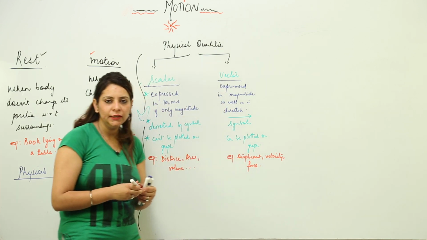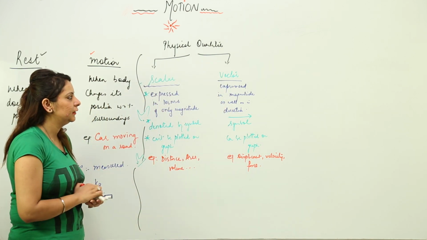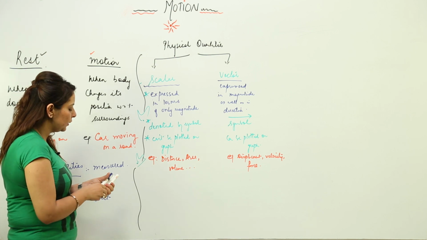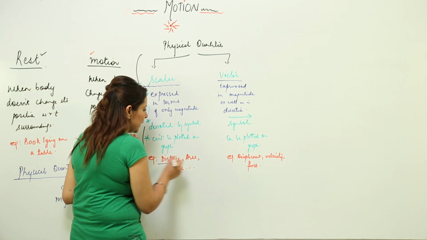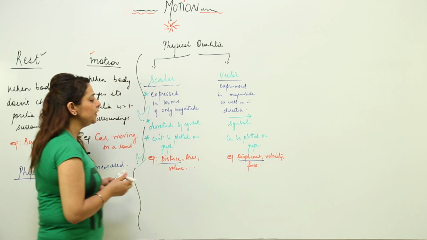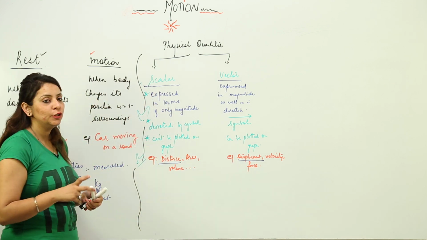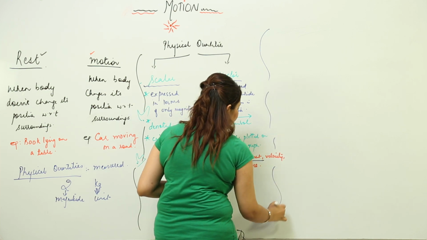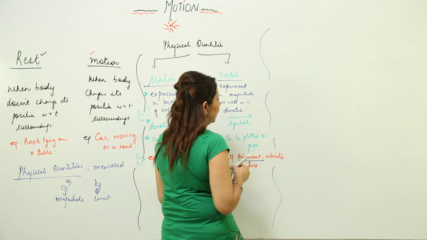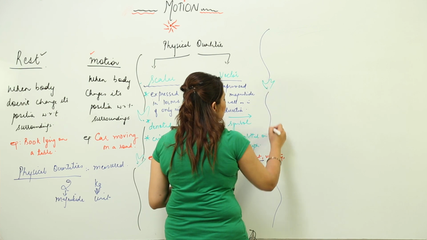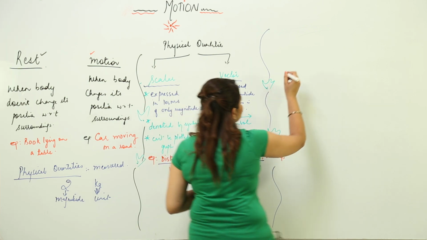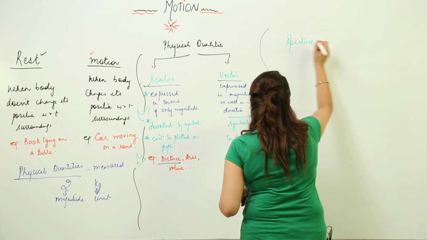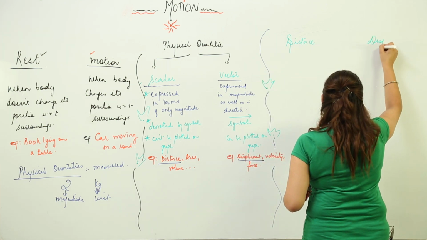Like this we have many physical quantities as vector quantities. Now, as I have told you about distance and displacement, first we are going to discuss what distance and displacement actually are. They are very important. Though they look similar, there is a lot of difference between distance and displacement.